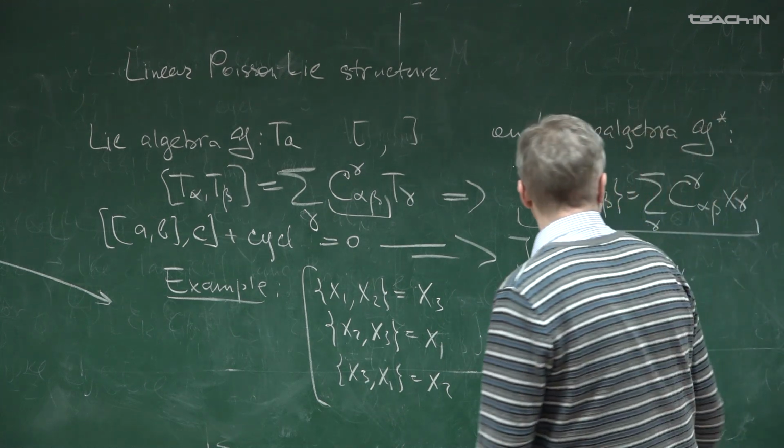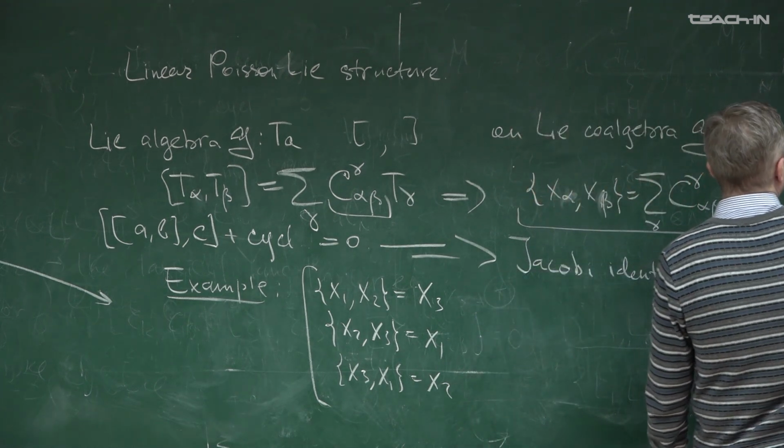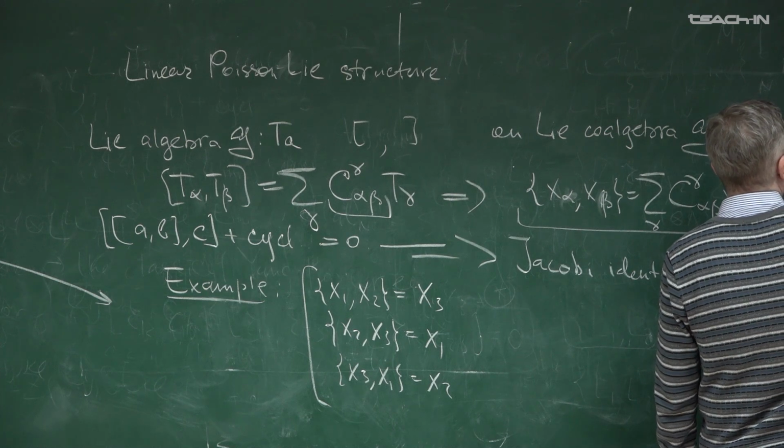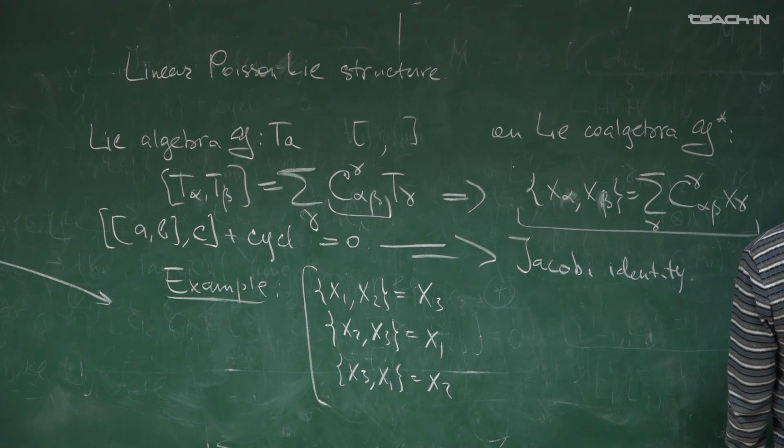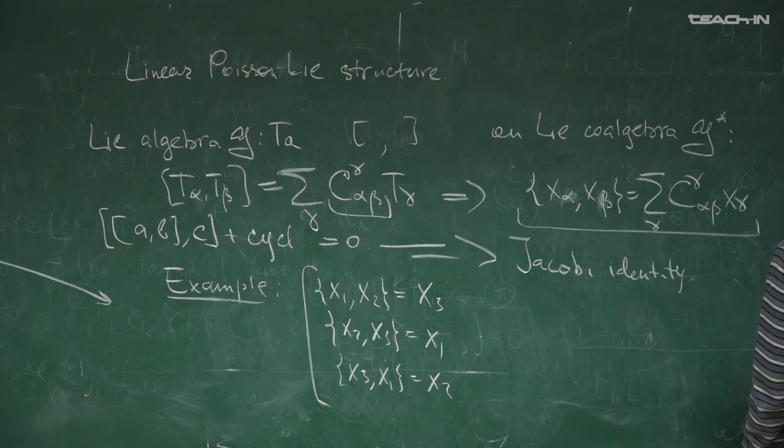Yes, the Hamiltonian of the Euler top is given by a quadratic Hamiltonian g1 x1 squared, g2 x2 squared, g3 x3 squared.